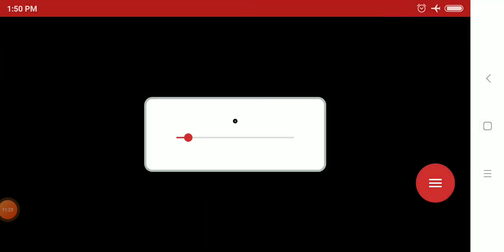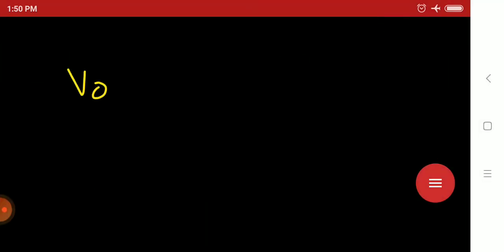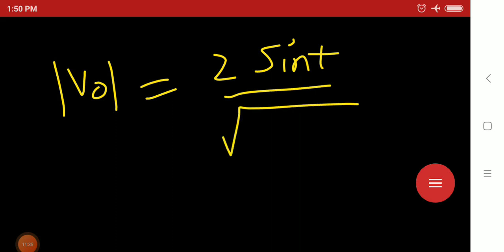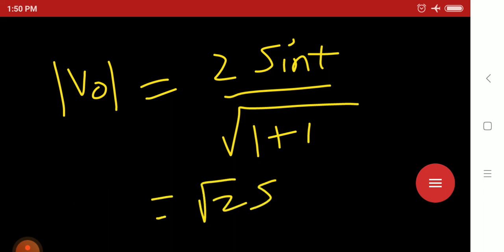If I take magnitude, V0 magnitude is 2 magnitude will remain same, sin t has same magnitude, 1 plus 1 square, that j will be 1, plus 1 square, that is 1 plus 1 root 2, that means root 2 sin t. After taking the magnitude of complex number, root 2 sin t. Output voltage is root 2 sin t. So this is the magnitude of output voltage.